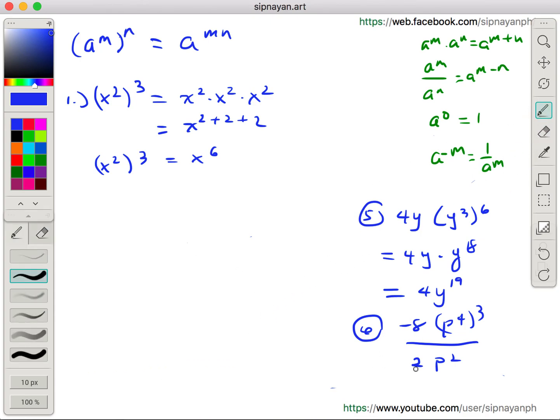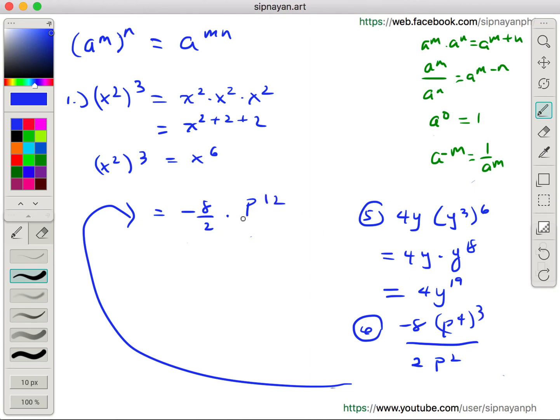So, pwede natin pagsamahin yung negative 8 tsaka 2. So, this is equal to negative 8 over 2 times p raised to the 4th quantity raised to the 3rd power, 12, di ba? Over p squared.